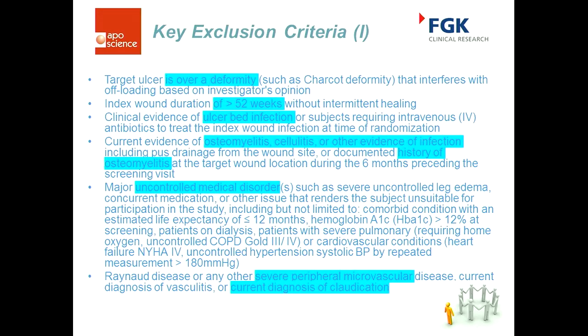So the first exclusion criterion has been talked through several times. If there is a deformity where you cannot offload, those patients cannot be enrolled in the study. Why? There is, I think, even a class 1A recommendation for offloading wounds as a key cornerstone of wound therapy. So if we cannot ensure offloading, then those patients cannot be enrolled.